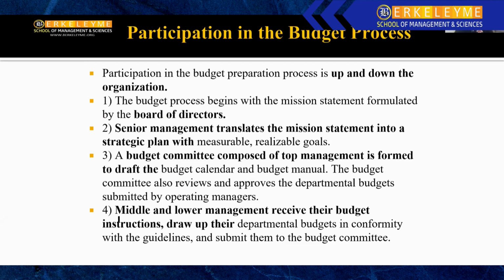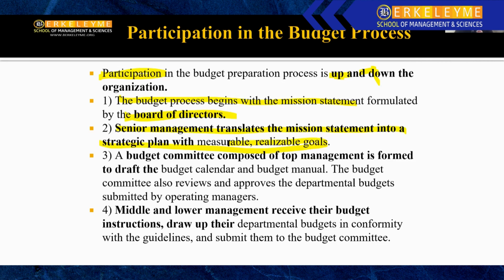I already explained to you this participation, when there is up and down. Up means the boss. So how will it work? The budget process starts with a mission statement, which is set by the shareholders and the board of directors. Then the CEO will translate it into strategic plans, which are measurable and reliable.